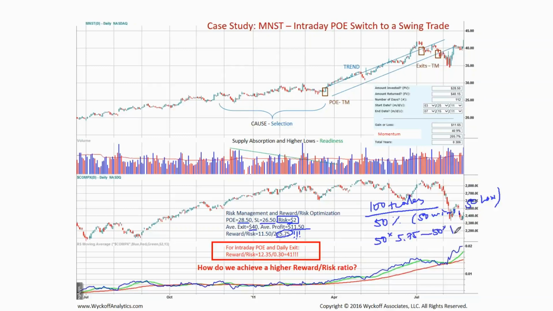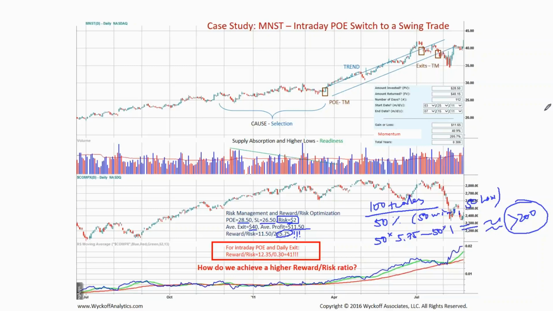So on 1 unit of risk, we're having 5.75 units of profit. So I don't want to calculate this exactly, but we are above 200 units of profit, which is a really good indication for the system. So the bigger this reward to risk ratio, the better for the system.